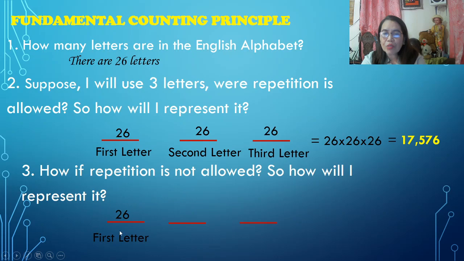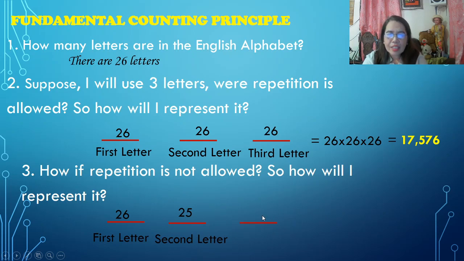Nagamit ko na yung A. Magagamit ko ba yung A sa susunod? Hindi na, kasi nagamit ko na siya sa first letter. Kaya babawasan natin ng isa. So, magiging 25 na. So, 25 letters na lang ang pwede kong gamitin sa second letter.